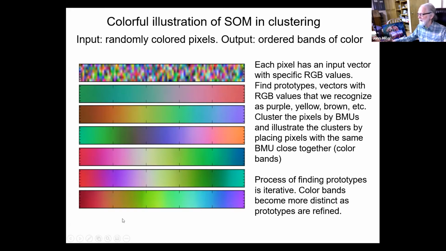So here we have fairly well-defined prototypes of the colors of these pixels. And if we arrange the pixels by what prototype they're closest to, we get meaningful color bands.